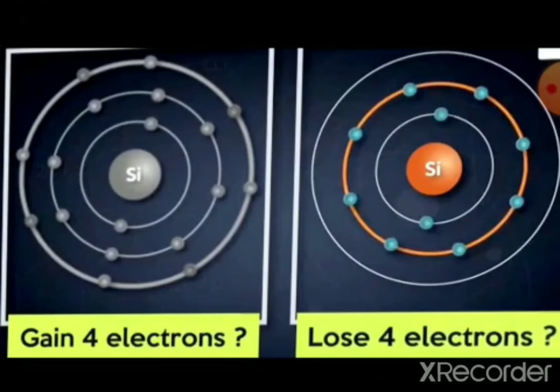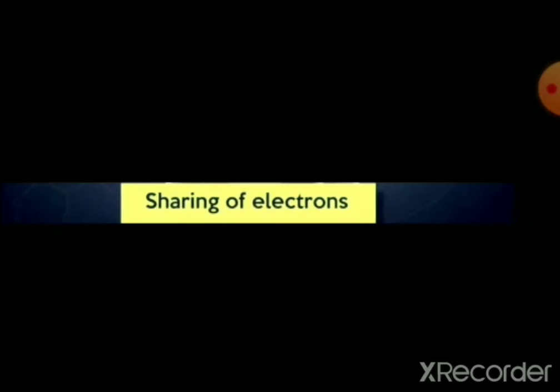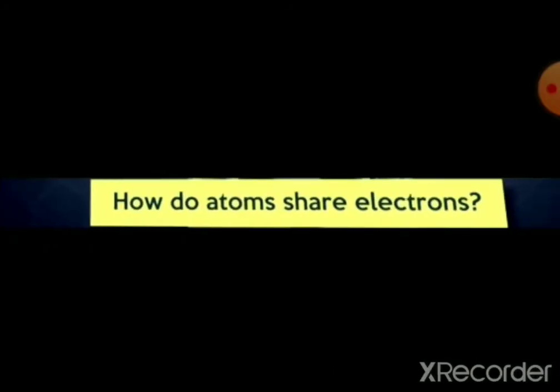What will silicon do in the case of 4 electrons? How does silicon complete its octet? Is there any way? Yes, silicon can complete its octet by sharing of electrons.